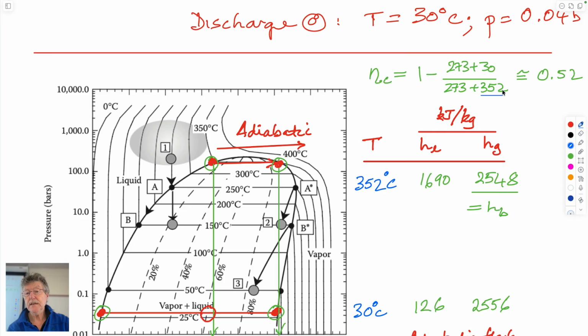So this is T1, and then this is T2. So if you take those values, the maximum efficiency of this machine in converting from thermal energy into the next form would be equal to 0.52, so 50% efficient.